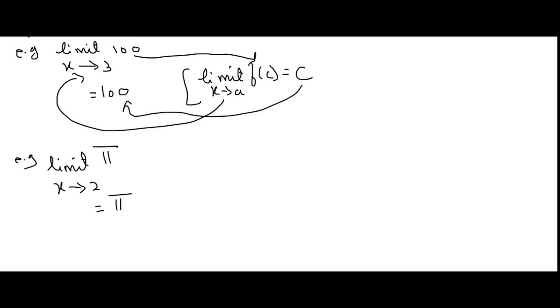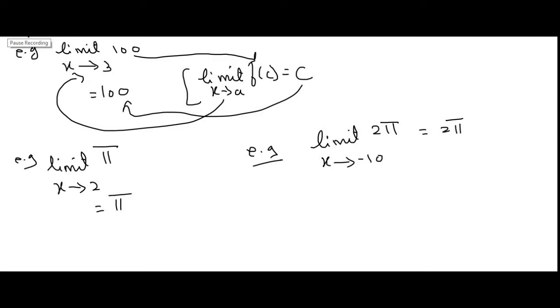We can take another example: limit x approaches to minus 10 of 2 pi. Now again it is a constant, so its answer will be 2 pi. So these are a few examples regarding the constant function.